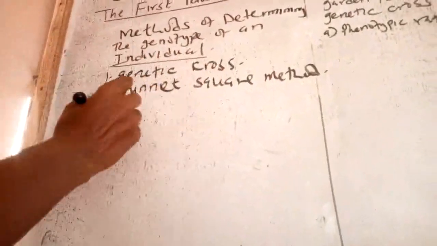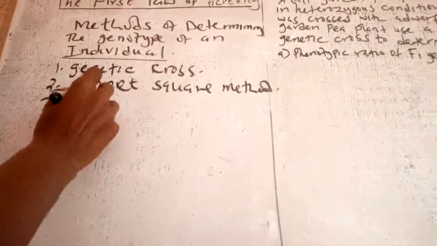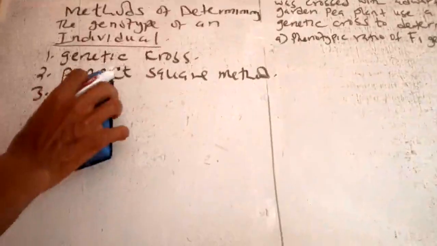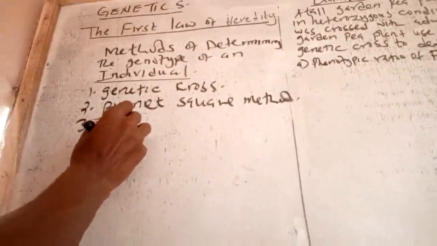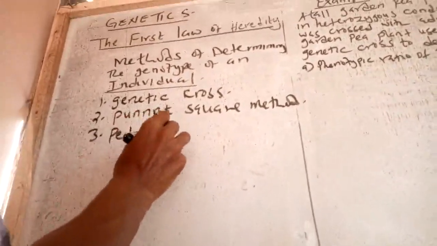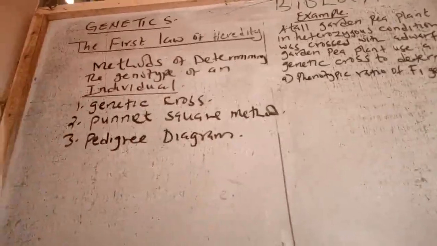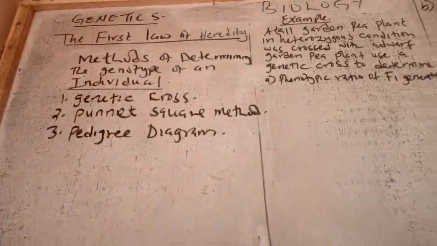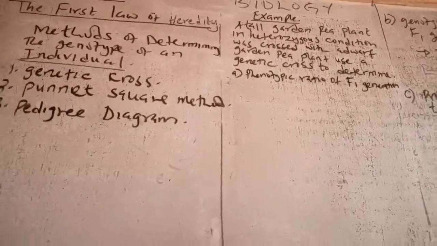And the third one, we can use the pedigree diagram. Pedigree, so there is a D there. Pedigree diagram. And therefore these are the three methods that are normally used whenever we are studying genetics.